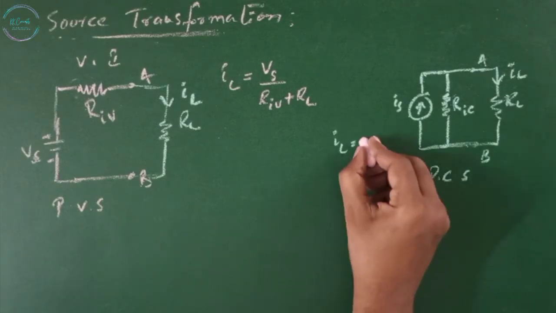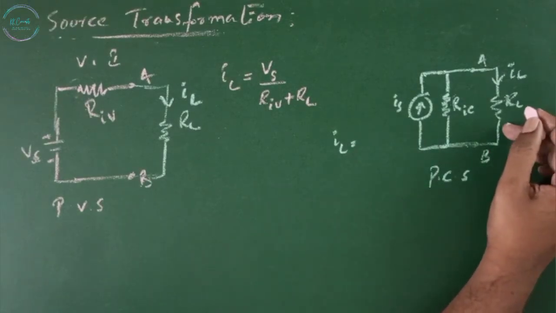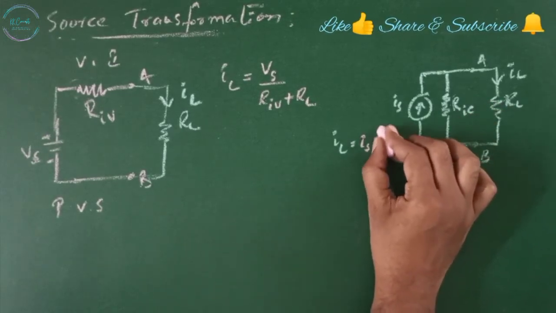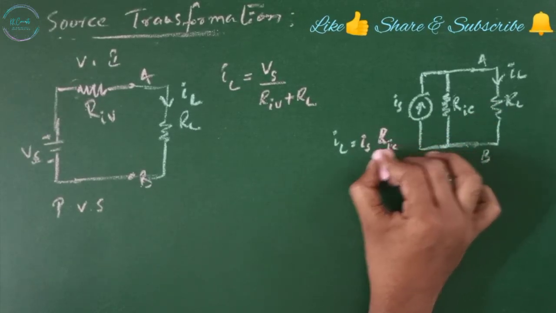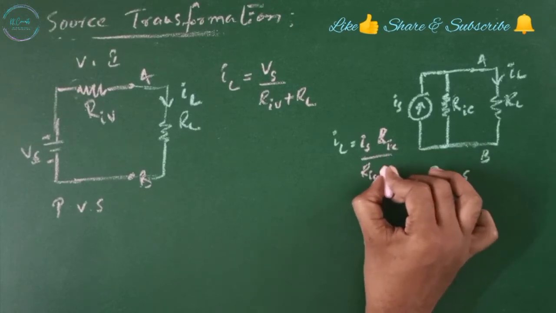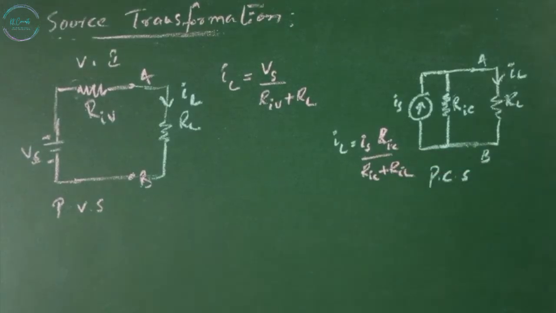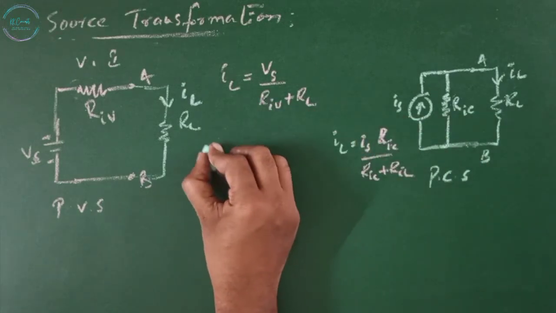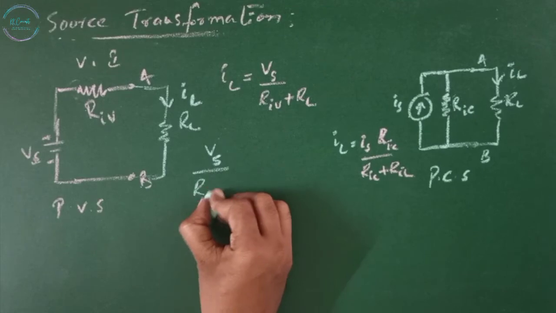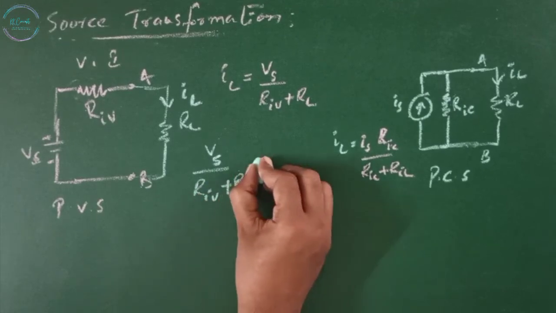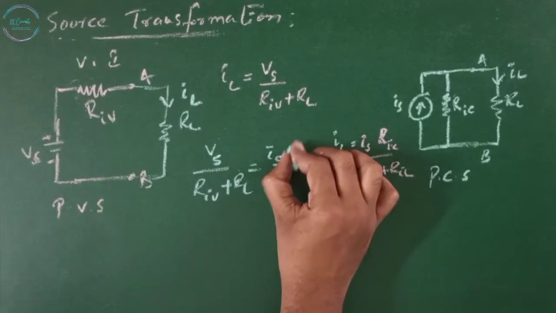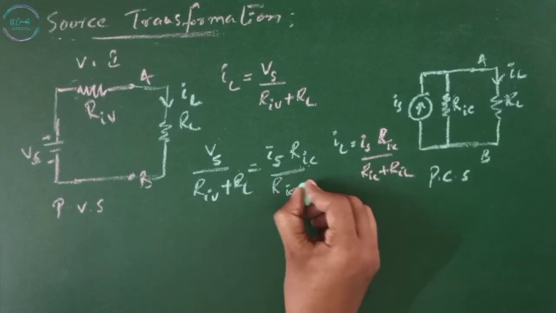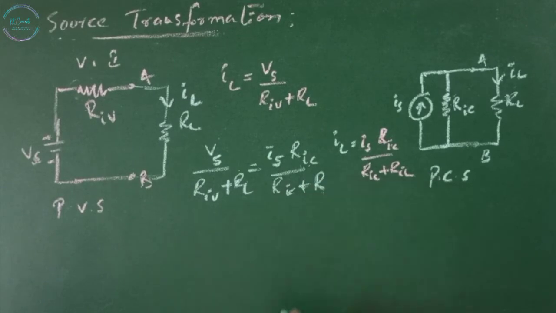Then IL is given by the current in the other branch, Is, multiplied by the resistance of the other branch, that is RIC, divided by the total resistance RIC plus RL. Since the load is the same and the currents are the same, we can write this as Vs divided by RIV plus RL equals Is RIC divided by RIC plus RL.